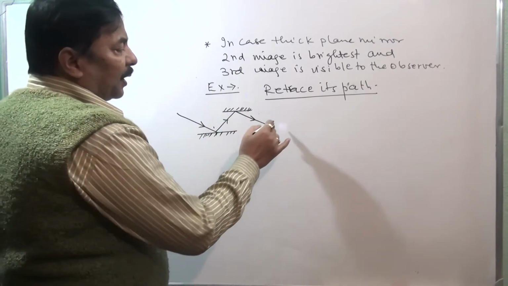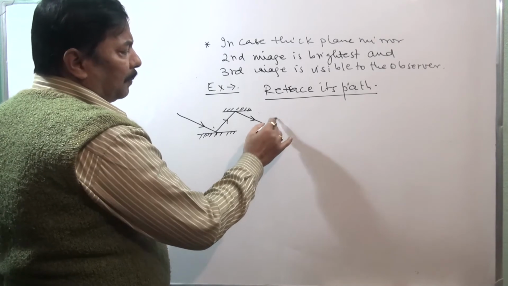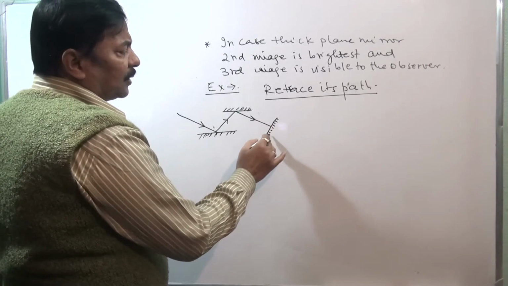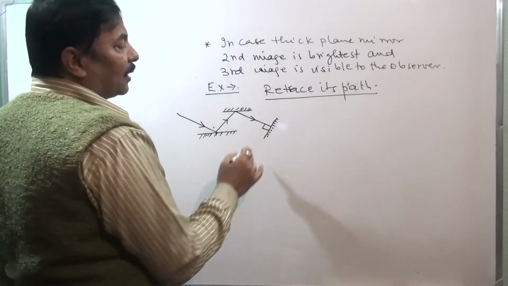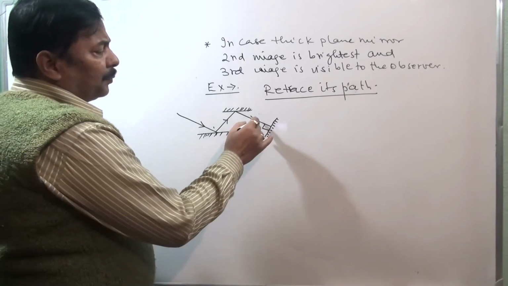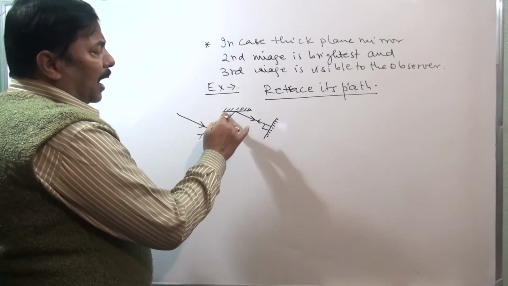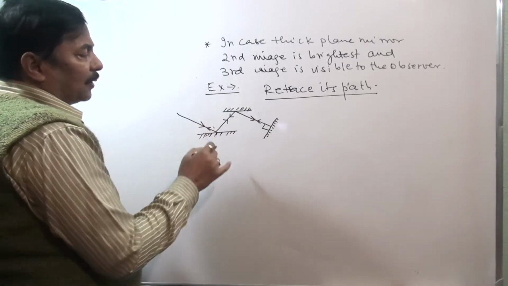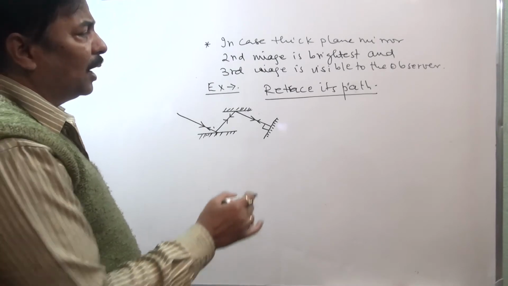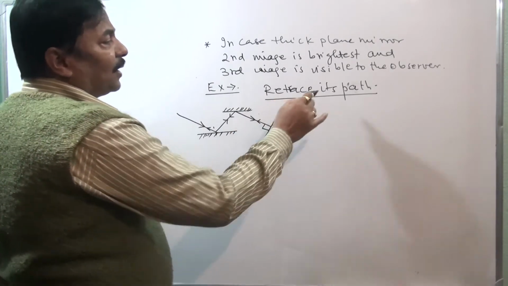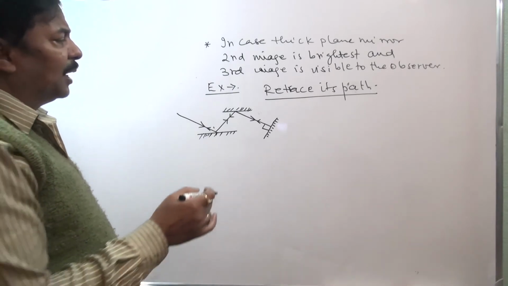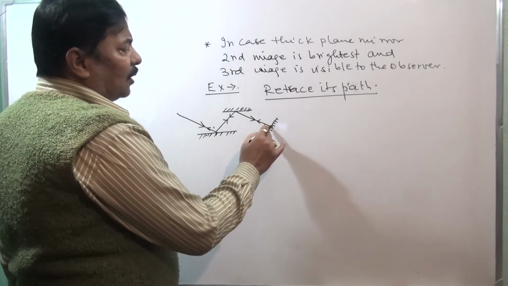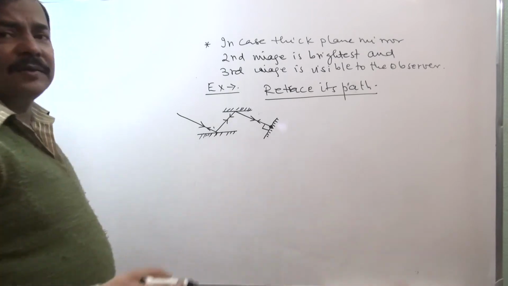If I keep a plane mirror in such a way that there is normal incidence, with glancing angle 90 degrees, then the light will come back on its same path, and this we call the incident ray retracing its path. So at the third reflection the light ray has retraced its path.